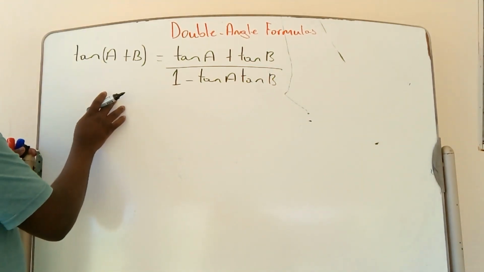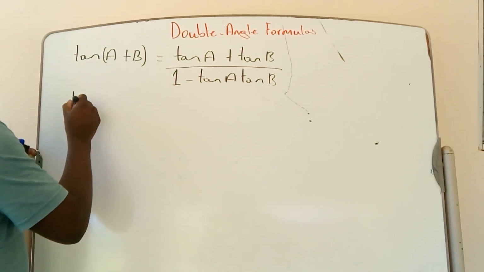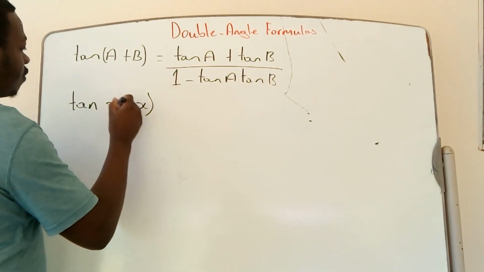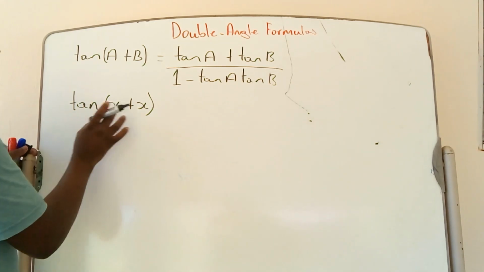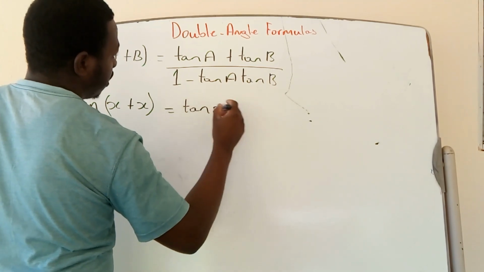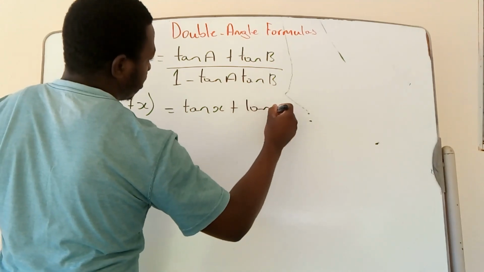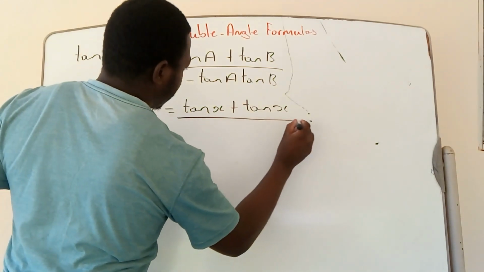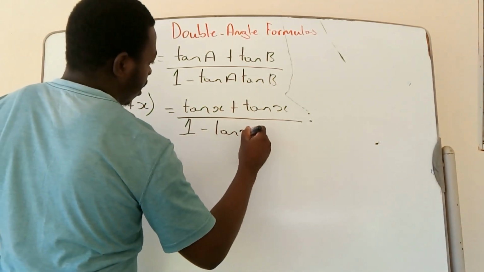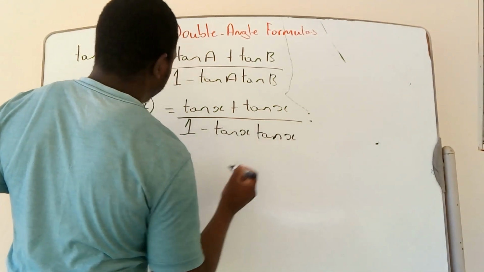So what if you had, I'm going to use x in this case. What if you had tan of x plus x? What do you think this is equal to? Tan of x plus x is therefore equal to tan of x plus tan of x, all of that divided by 1 minus tan of x times tan of x, isn't it?